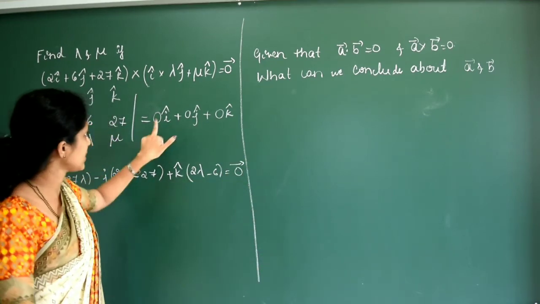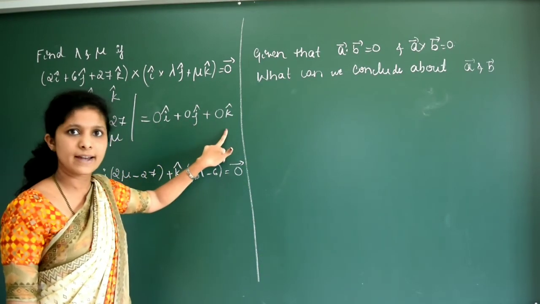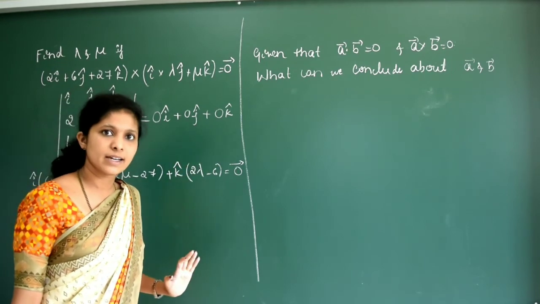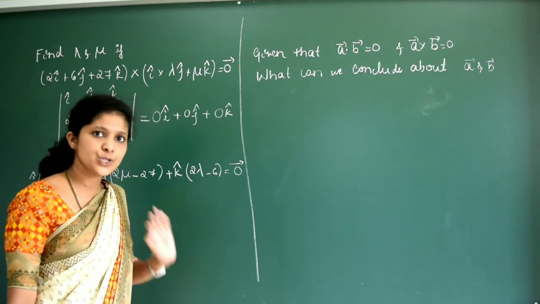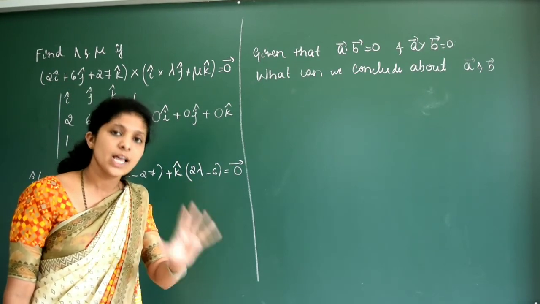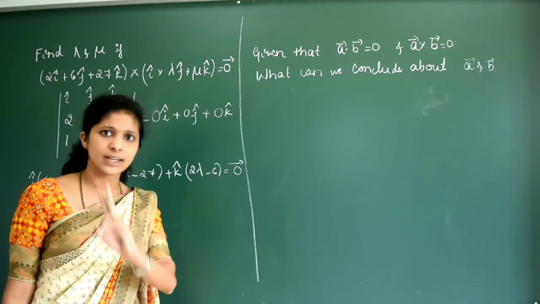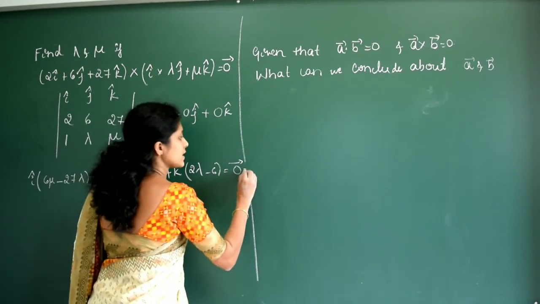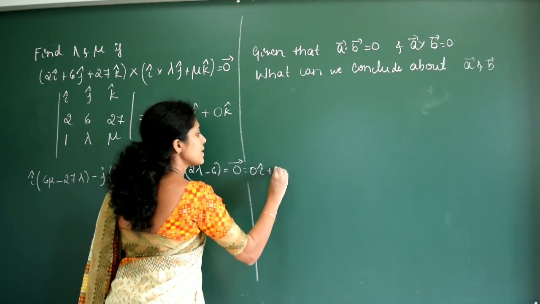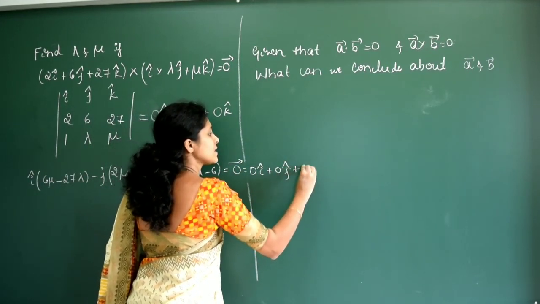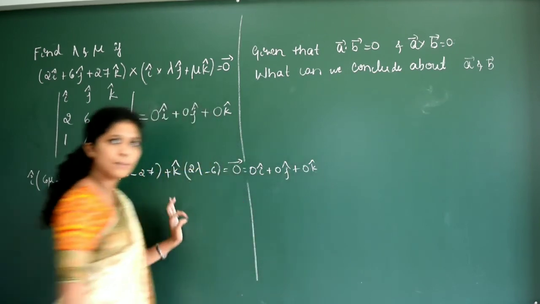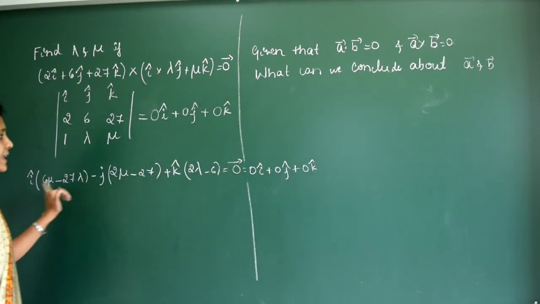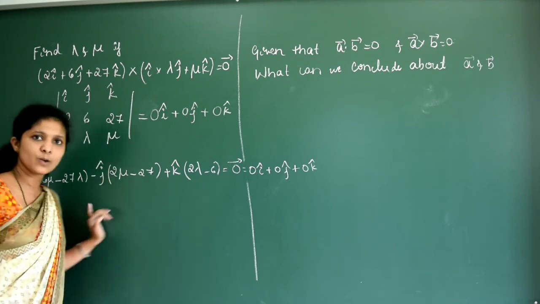The 0 vector is nothing but 0 i cap, 0 j cap and 0 k cap. When two vectors are equal, their components should be equal. Only if their components are equal can we say that two vectors are equal, right? You studied this in the beginning. Now we will compare the coefficients of i cap, j cap and k cap. Is it clear?